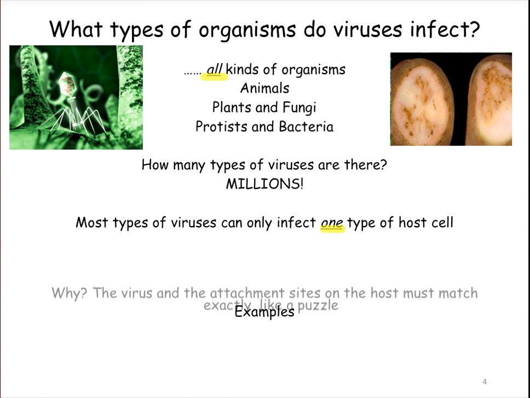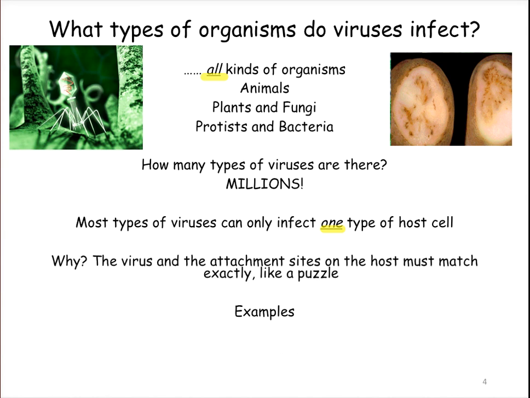So why is this? The reason for this is that the virus and the attachment sites on the host cell must match exactly, like two puzzle pieces fitting together or like a key fitting into a lock. So, for example, you can see here this very creepy looking virus is called a bacteriophage.